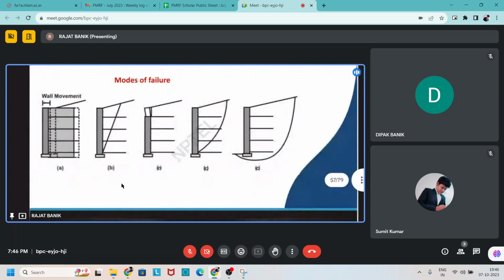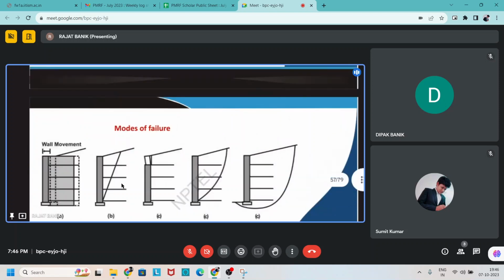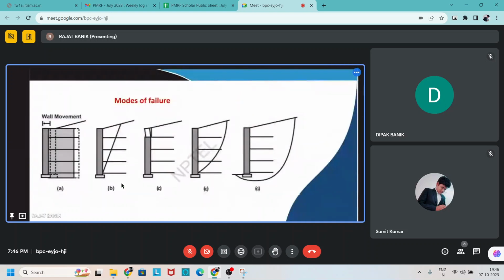Now here the different failure modes are given. We see in the figure five different failure modes, and for these five failure modes, five schematic diagrams are shown.